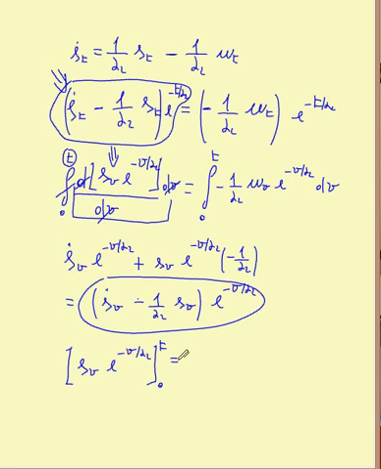And the second part is minus 1 over alpha 2, which is constant, so we can put outside the integral between 0 and t of omega v e to the power of minus v over alpha 2 in dv.